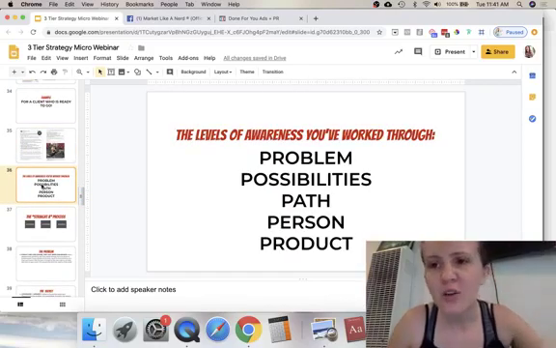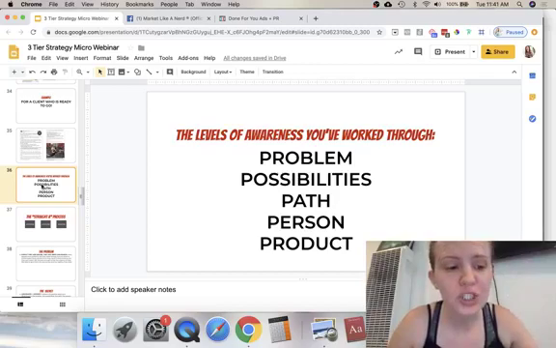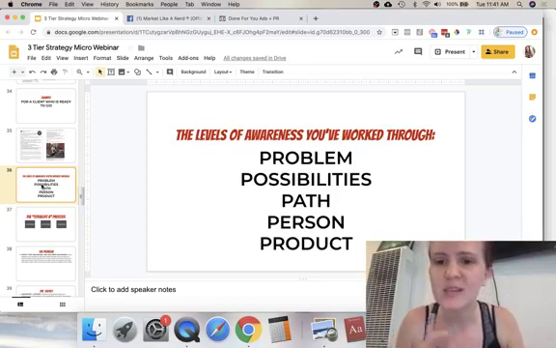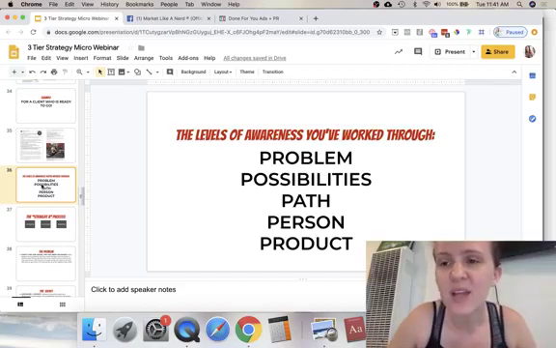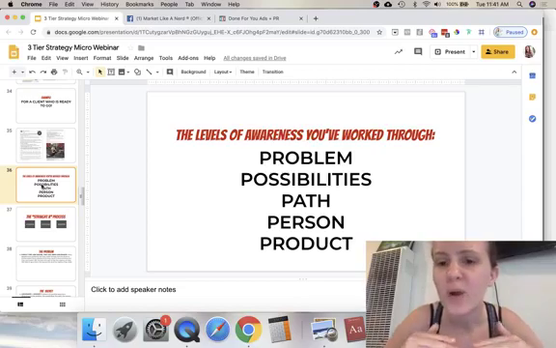So if you follow this process and you approach your Facebook ads giving all of these different ad angles that I've just described, you're going to work through a variety of levels of awareness with your Facebook ad audience. You're going to help them become aware of their problem. You're going to help them become aware of the possibilities or the outcomes or the solutions.